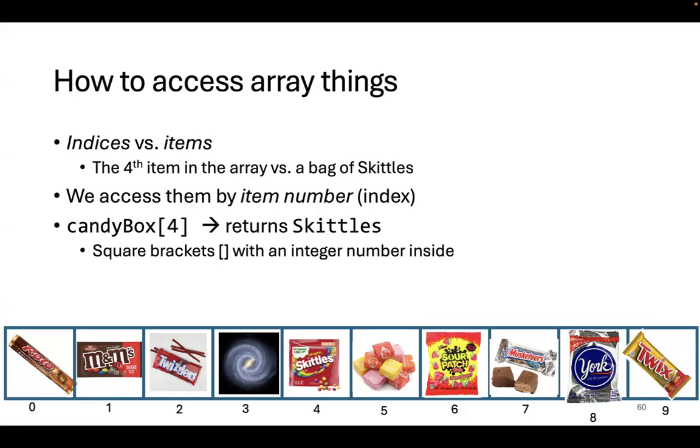We access them by item number, which is the index. So the fourth thing in my candy box is the Skittles. Again, we start counting at 0, so it's 0, 1, 2, 3, 4, and then we get the actual Skittles item. The number is the index. The actual candy is the item.